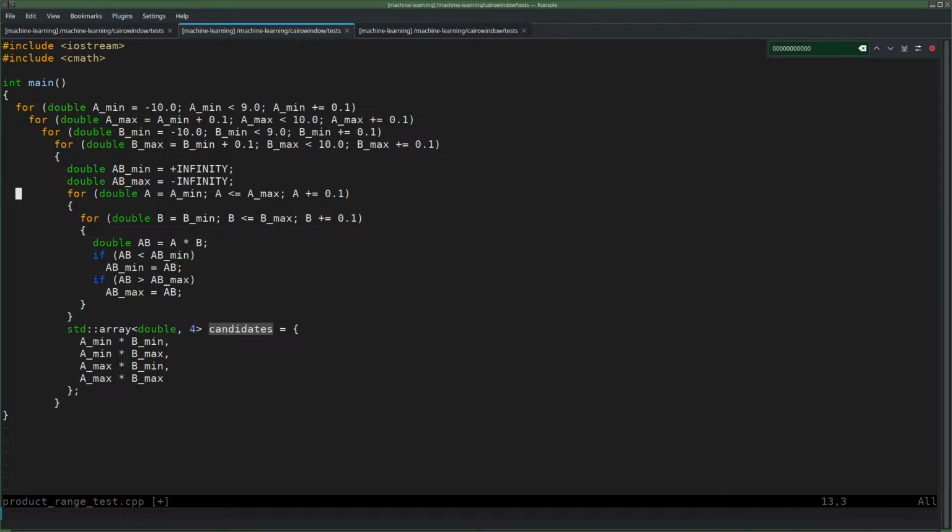But even though it starts at a min, it's not necessarily running up till and including a max because of the 0.1 floating point round-off errors. So instead of running till a max, where a max is a min plus a multiple of 0.1, let's do less than a max plus 0.05. I think that should work.